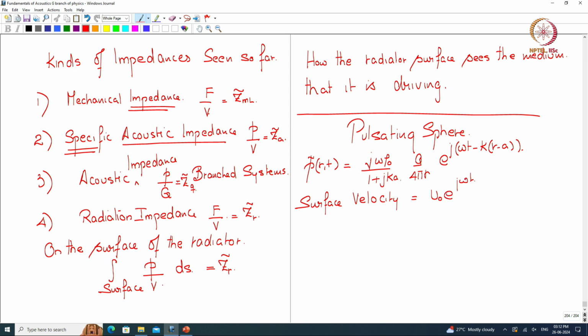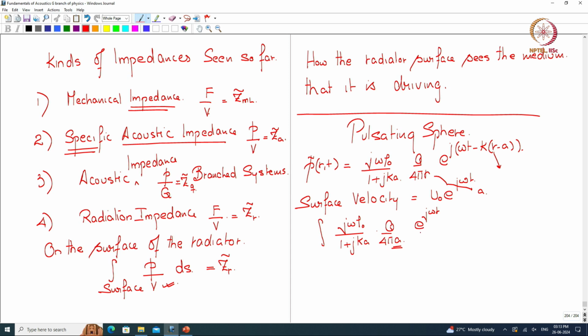Now if you are going to implement this, I have this integral over the surface. The pressure is j omega rho 0 by 1 plus jka, q by 4 pi a, e to the power of j omega t. Why? Because r becomes a. Please note that.